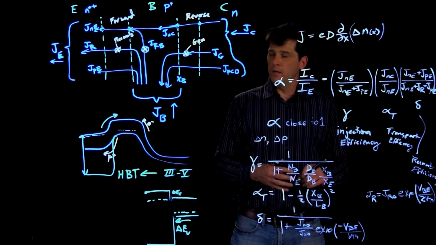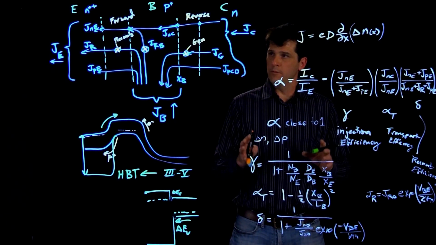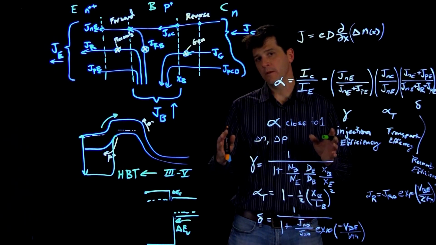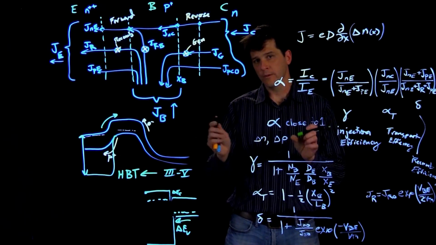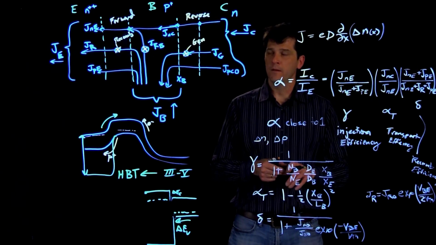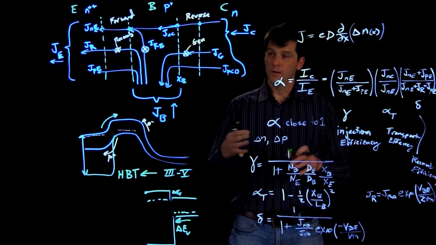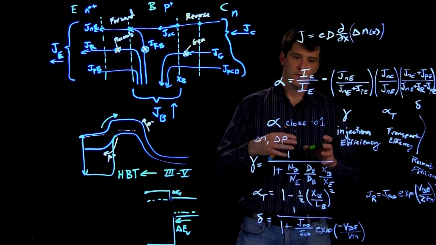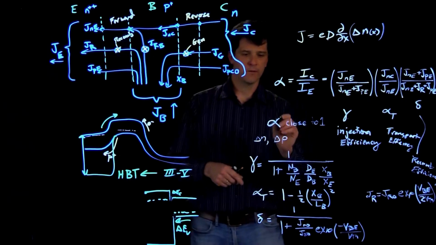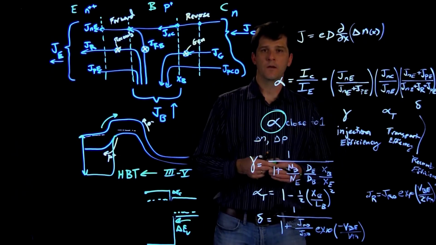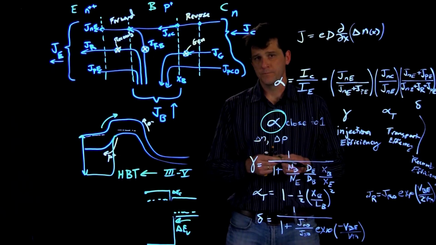So what we've done, although I haven't worked out all the steps, is examined how the physical parameters, the doping, the thicknesses, and also the cross-sectional areas of the different junctions relate back into the performance metrics, which is essentially the gain parameters of this bipolar junction transistor.